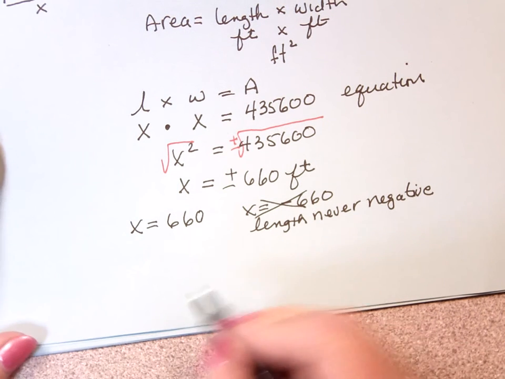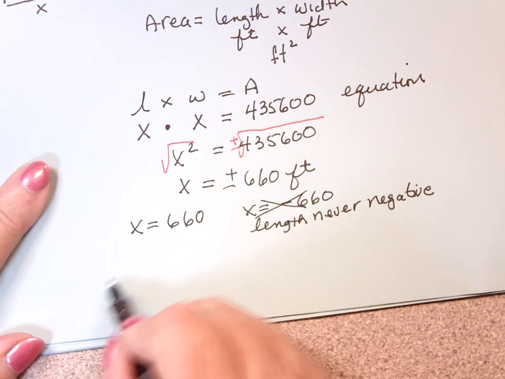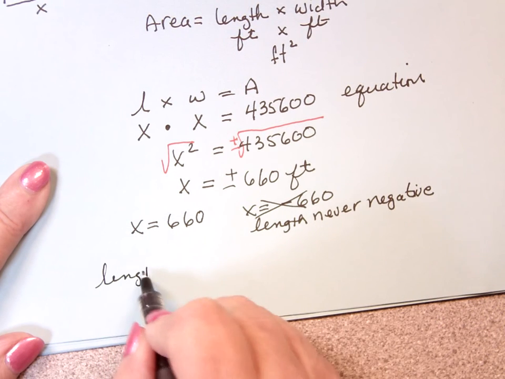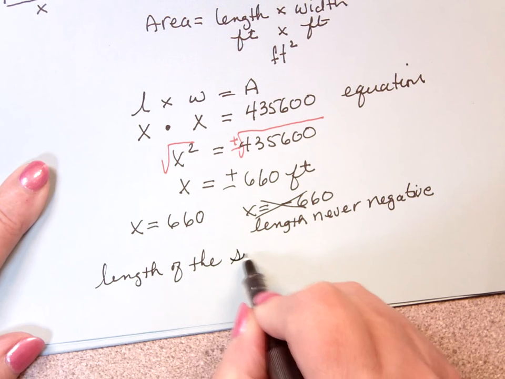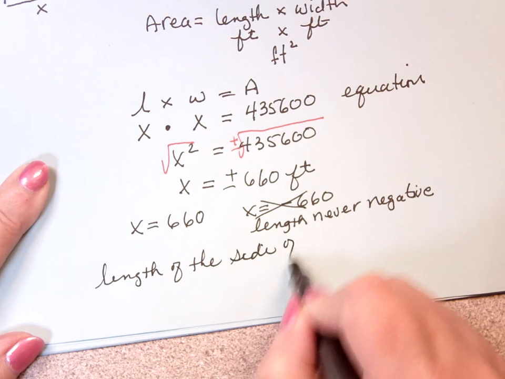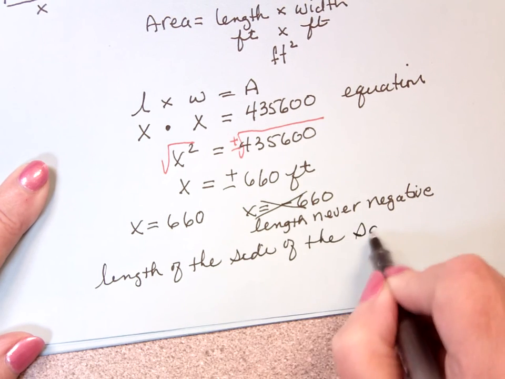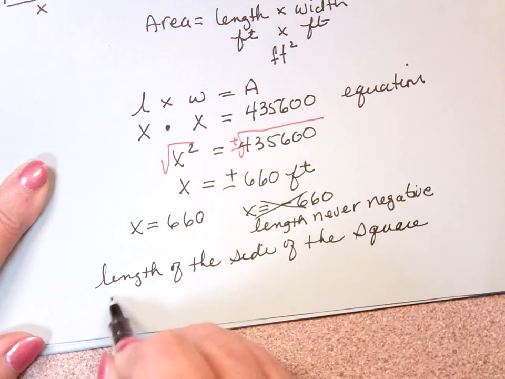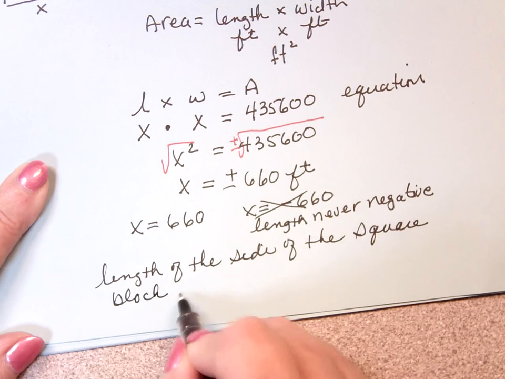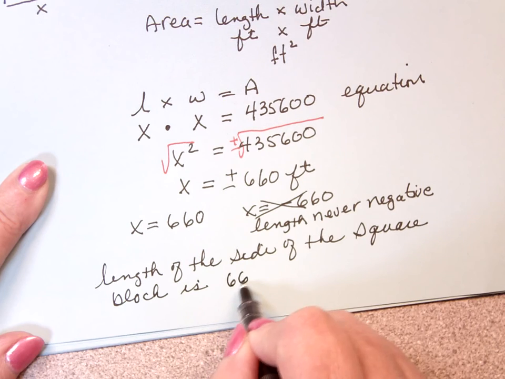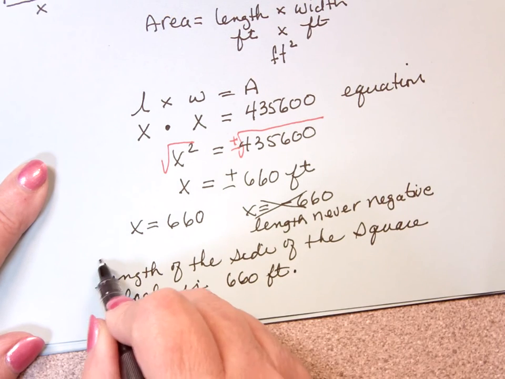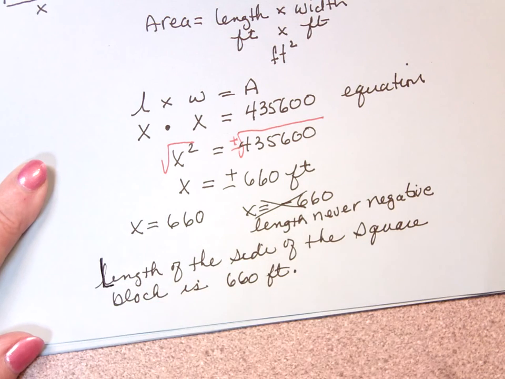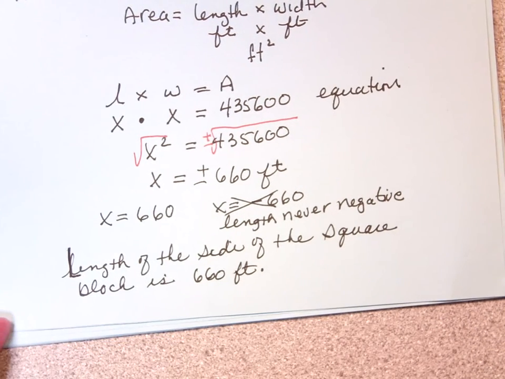So we know that the length of the side of the square block is 660 feet. Should be a capital L. Length is 660 feet.